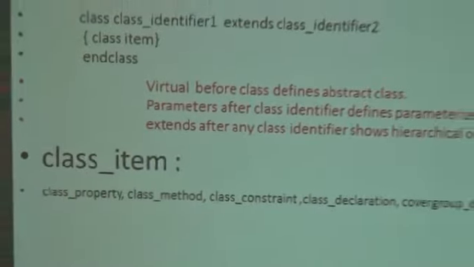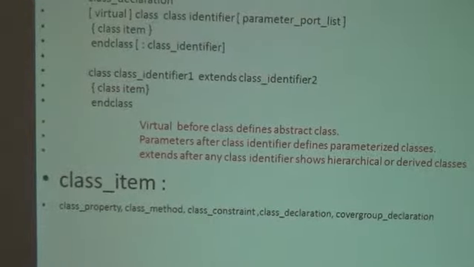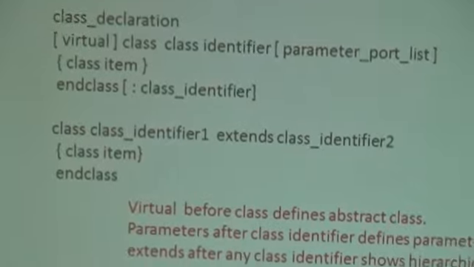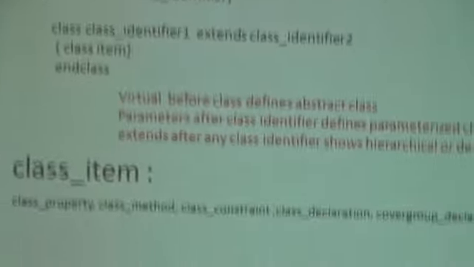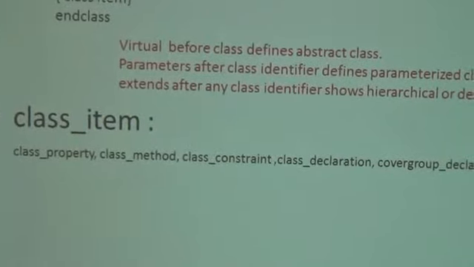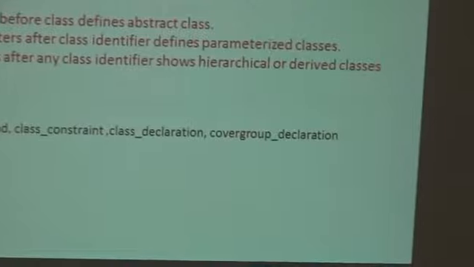Now let us discuss class items. Class items are present between class and endclass. Class items consist of class properties, class methods, class constraints, class declarations, and covergroup declarations.